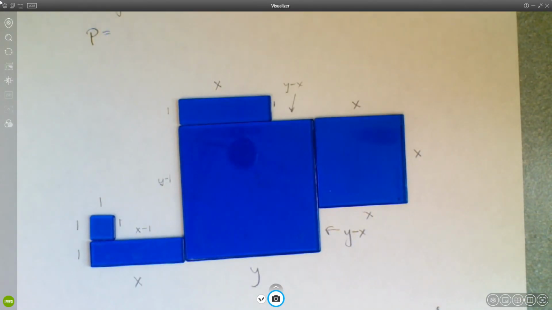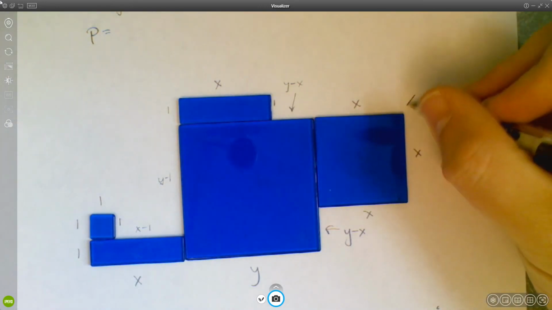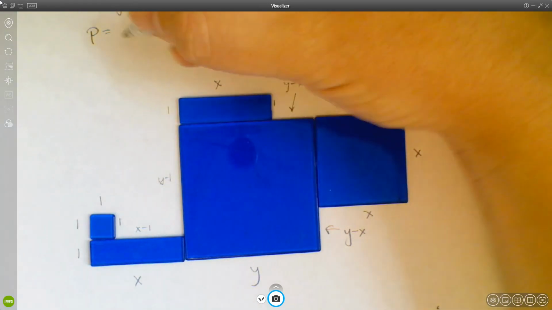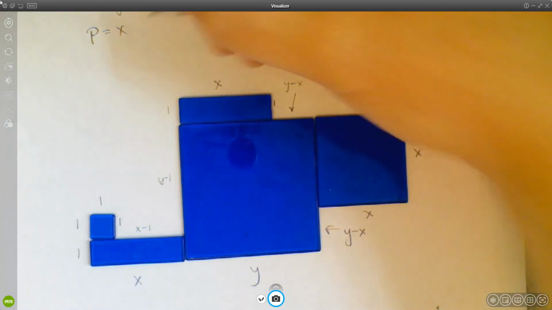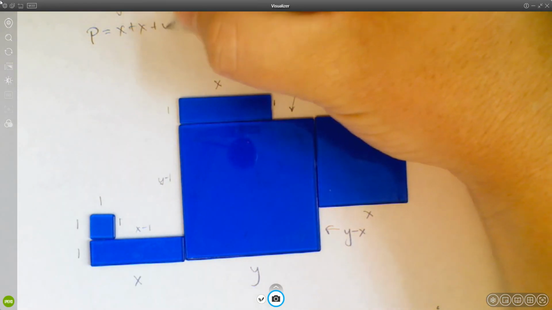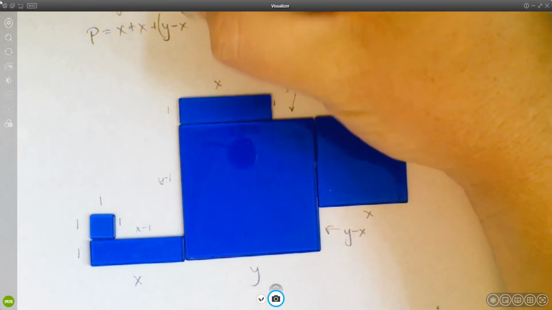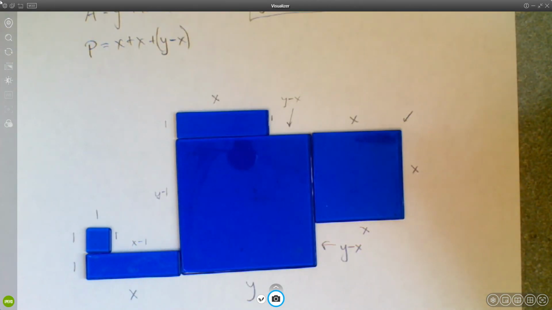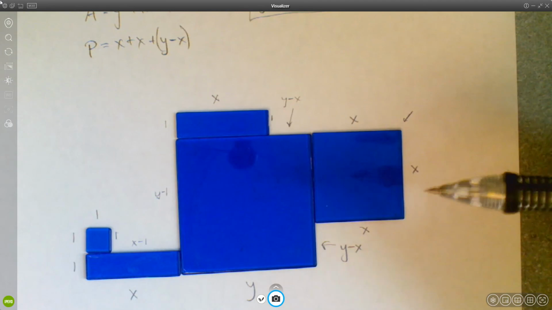So to find the perimeter now, we just need to add all these things up. So I'm gonna start at this corner right here, and I'm gonna work around counterclockwise. So I'm gonna have x plus (y minus x). You don't really need the parentheses there. I'm just gonna put them there to emphasize that that was just one of the lengths.